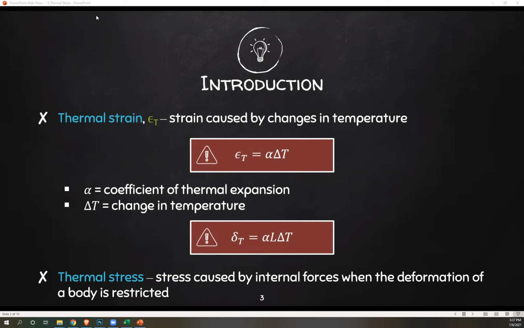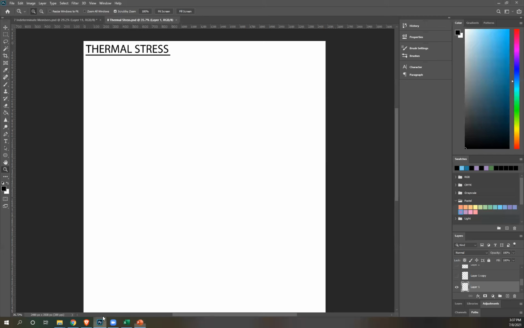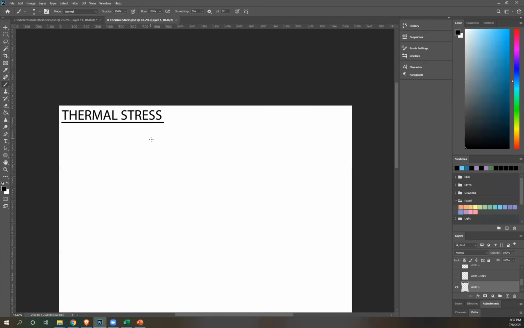And remember, the equation for strain is deformation over original length. But anyway, it's deformation over original length, right?